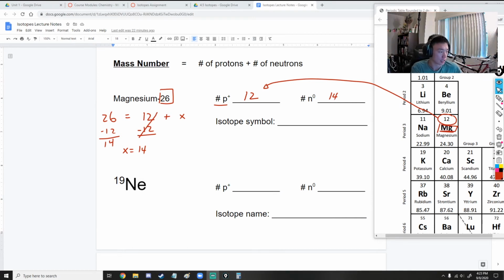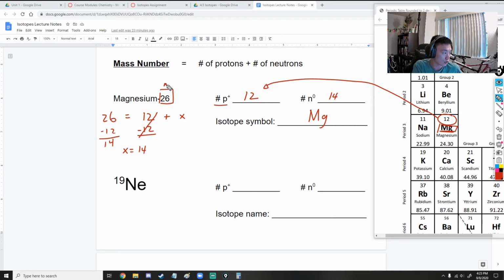All right, so the next thing we're going to go over is how to write the isotope symbol. For the symbol, we need to look for the symbol for magnesium. We see that the symbol for magnesium is Mg, so I'm just going to write Mg. Now, in the top left-hand corner, I'm going to write the mass number.